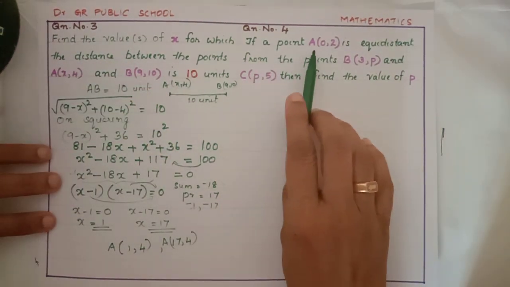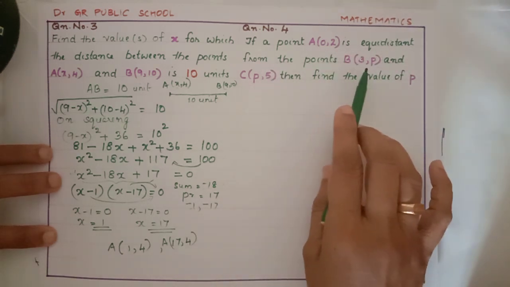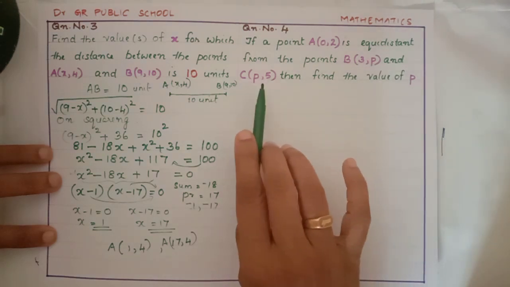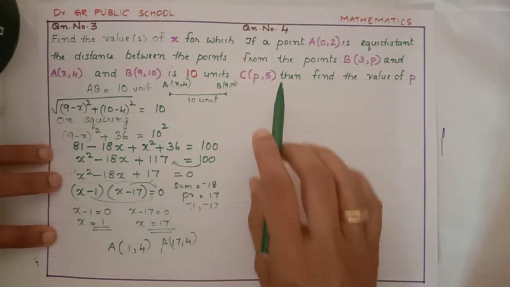If a point A(0, 2) is equidistant from the points B(3, p) and C(p, 5), then find the value of p. What is given?